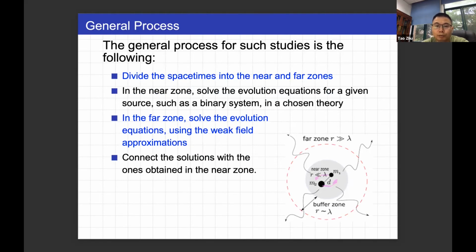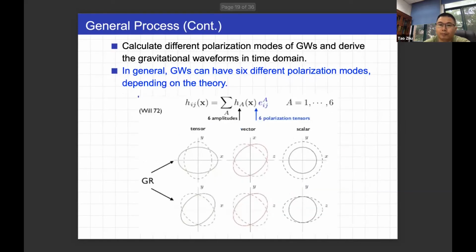In the far zone, we can use the weak field approximations. And then we need to connect the solutions in both zones. With the solutions in the far zone and near zone, we then can perform the calculations of different polarization modes of gravitational waves and their waveform.